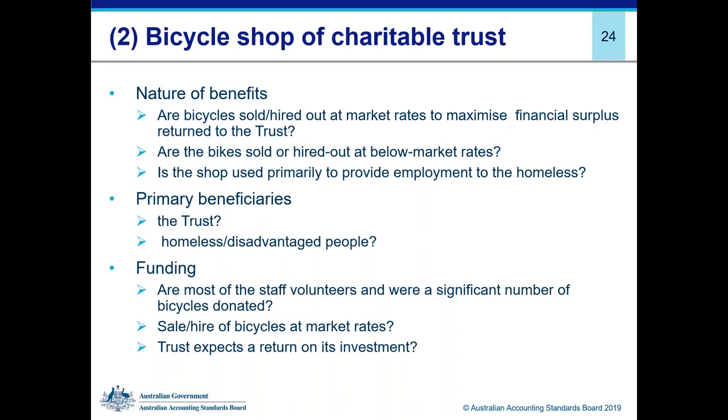Or does the company constitution require any residual assets to be forwarded to similar entities or other entities providing services to the homeless or disadvantaged? So who are the primary beneficiaries of the company? Is it the trust itself, or is it homeless, disadvantaged, or other people that they're trying to assist?